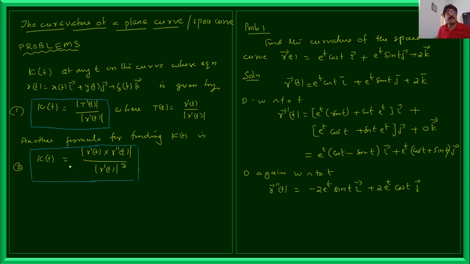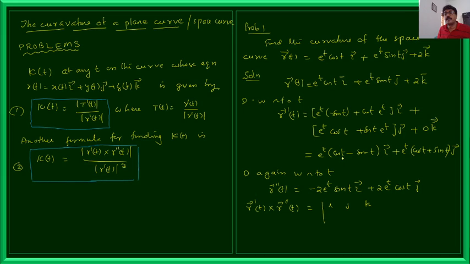Now find kappa t either by this formula or this formula. For that you have to find r dash t cross r double dash t. We can write it as a determinant i, j, k.